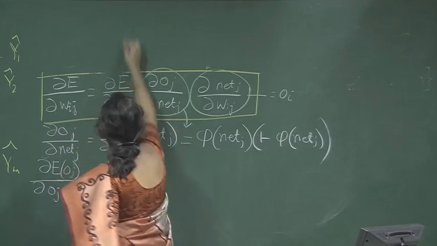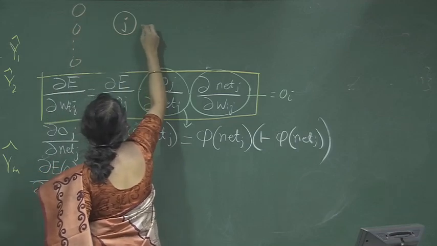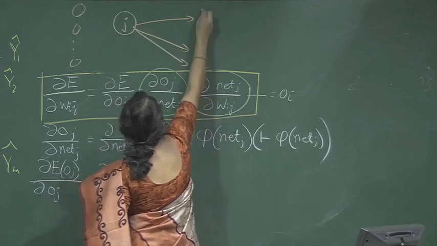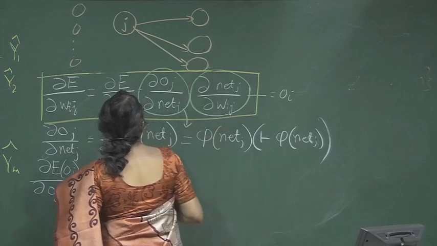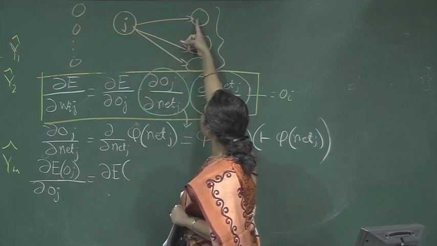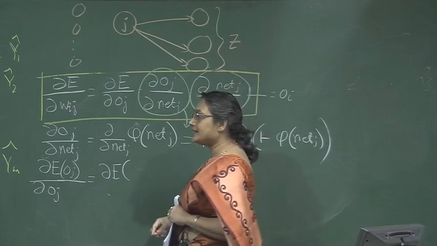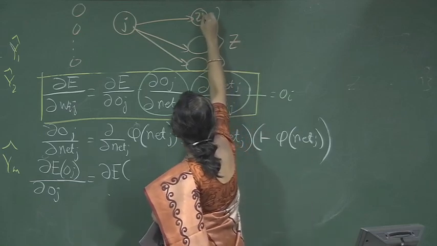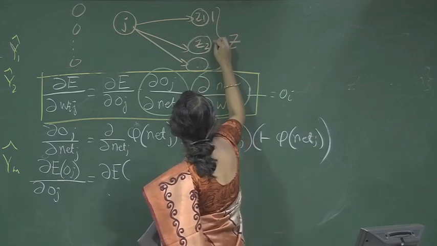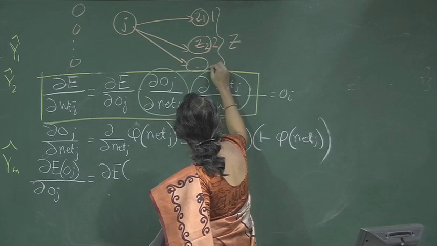This is the unit j, and j has certain inputs which we have already seen, but j outputs to the next layer. Let the output of j go to the inputs of these units, and let us call this set of nodes Z, comprising Z1, Z2, and so on. For simplicity, let me denote it for this step as 1, 2, up to L.